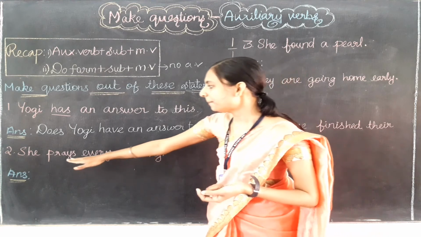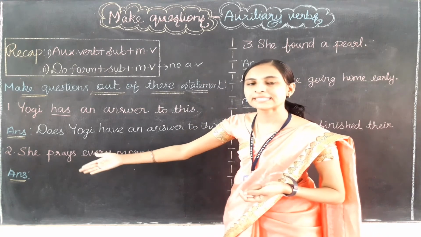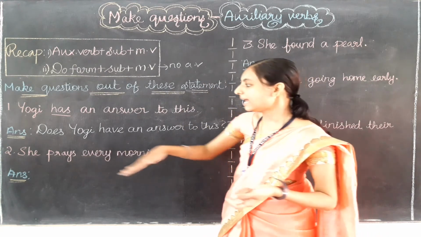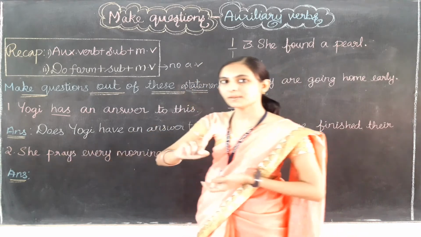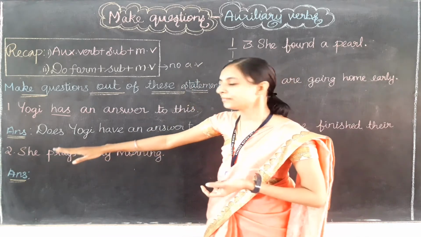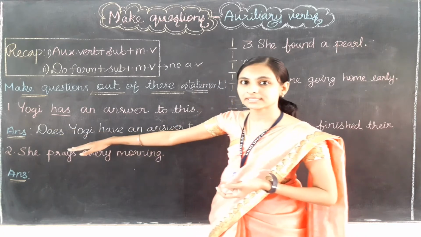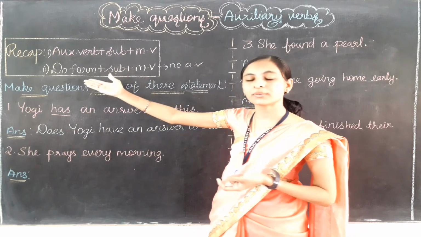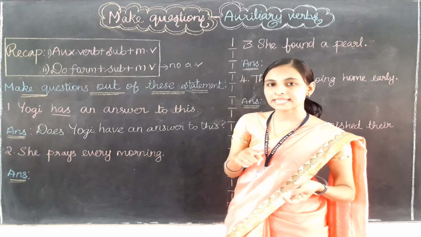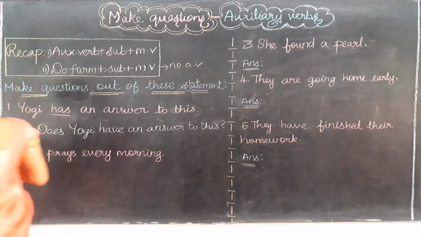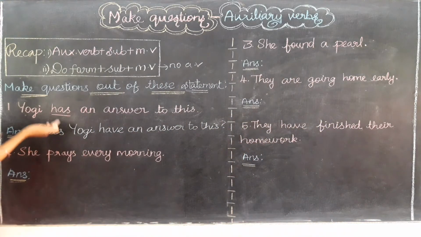Here the word prays stands for the present time only, and here we are talking about a single person, that is she only. So for a single person in present time, which verb do we need to use from the do form? Yes, does. So I need to write does first here, the same as the first question.